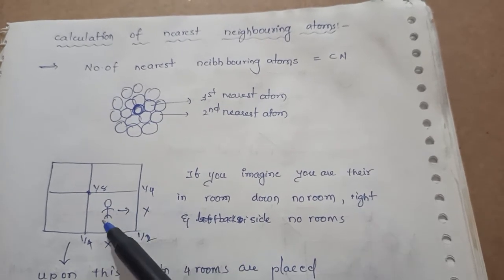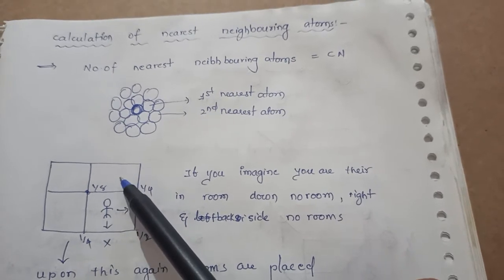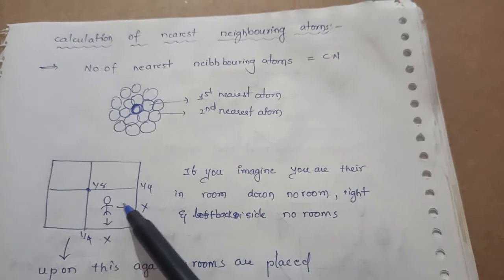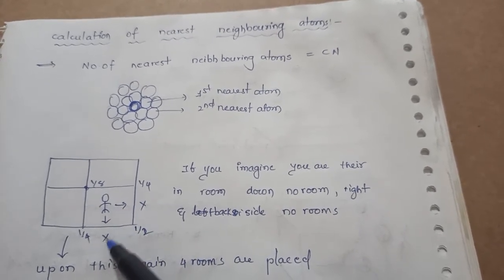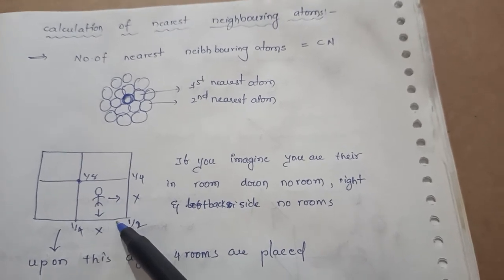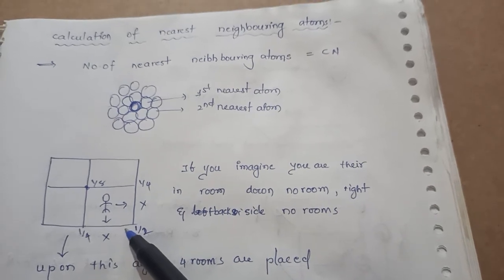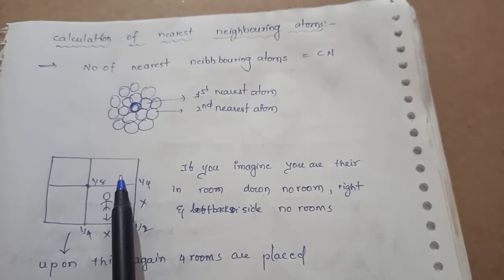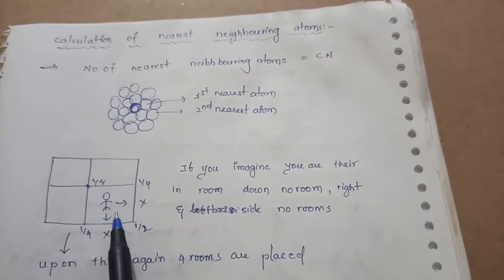On your left side one room is there, forward of you one room is there, at the corner also one room is there, and on the right side no room, back of you no room, and below you also no room exists. See, you are standing here: in front of you one room, left side one room, corner one room, right side no, back no, and down also no.